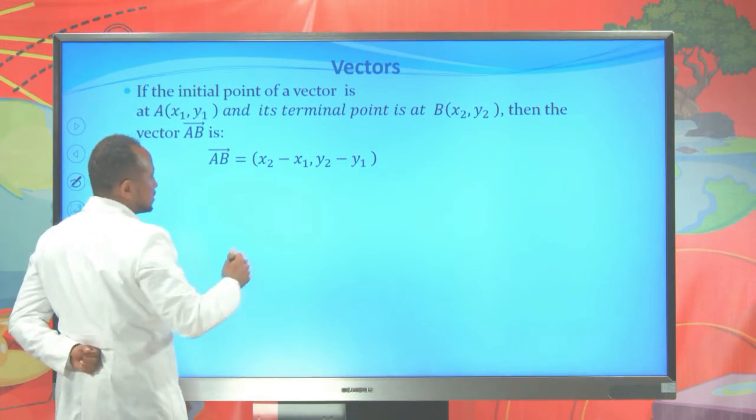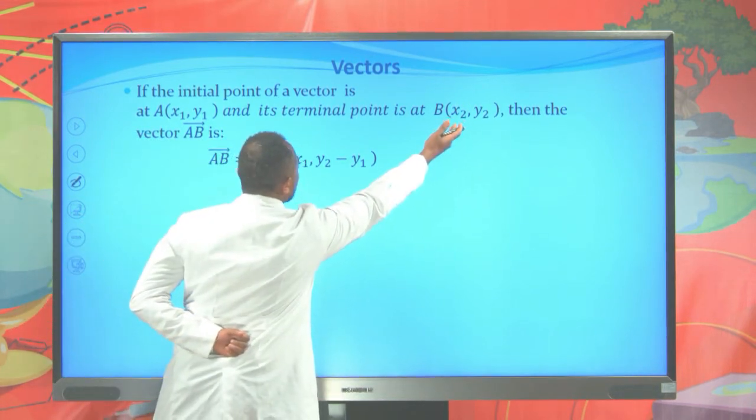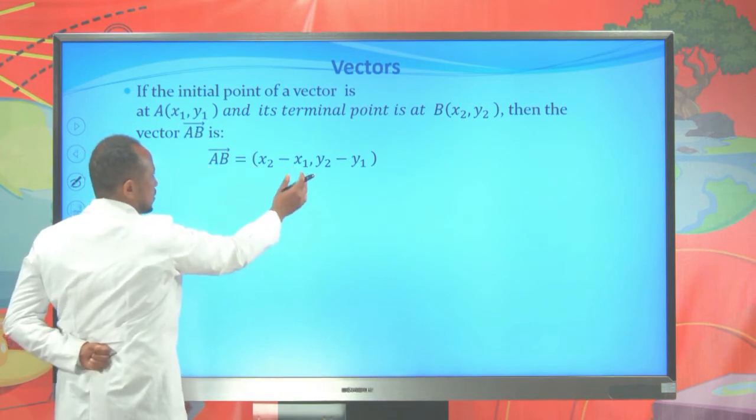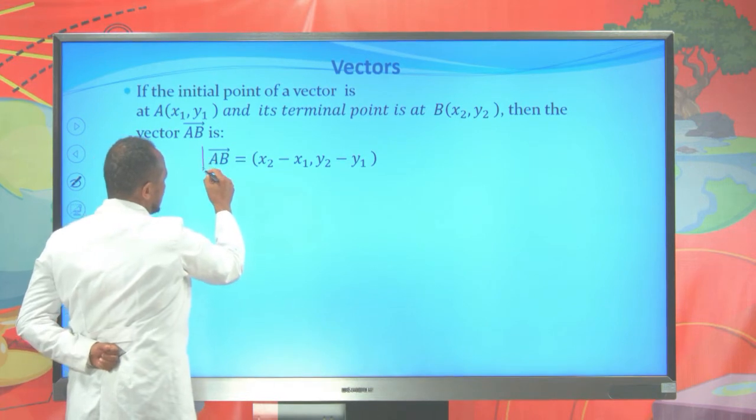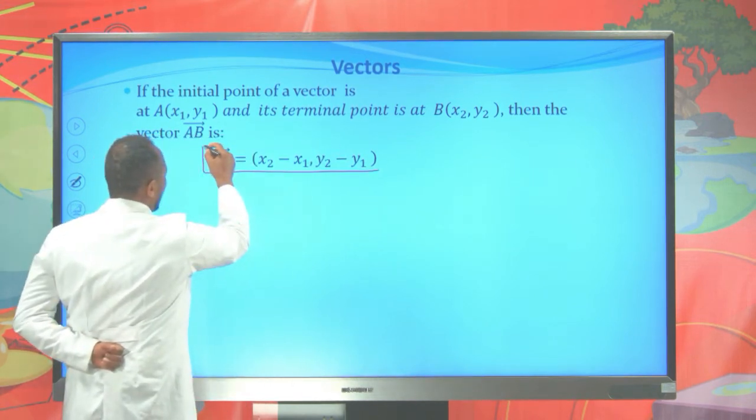So it is x2 minus x1, y2 minus y1. So the vector AB is given by this form.